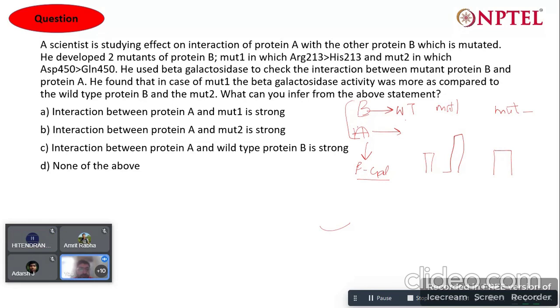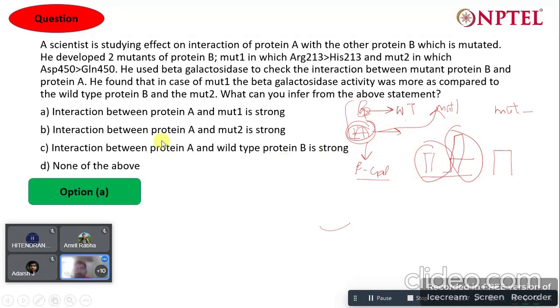Yes, so there is strong interaction between protein A as well as mutant one. That's why it's showing high beta galactosidase activity. Okay, so this can also be inferred that the mutation that the scientist is studying improves the interaction of protein A with protein B, as compared to the wild type. So the answer is option A.